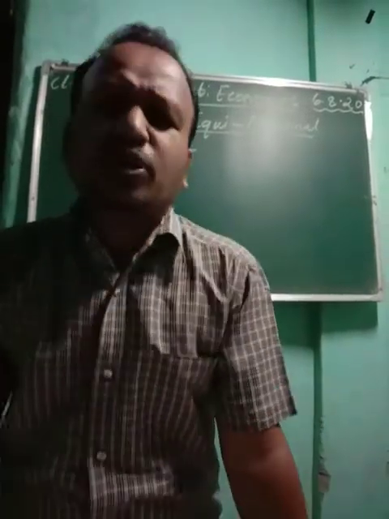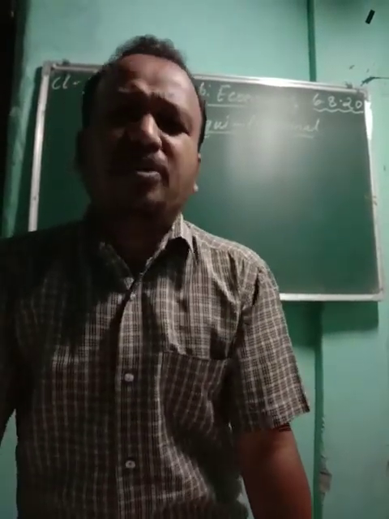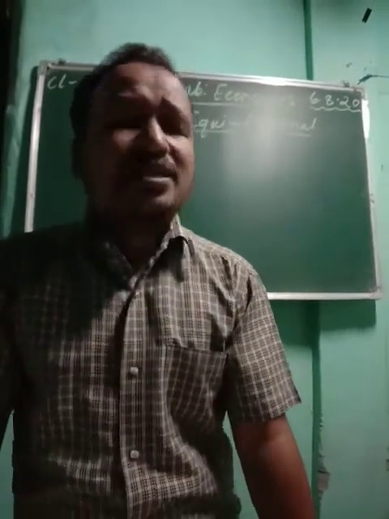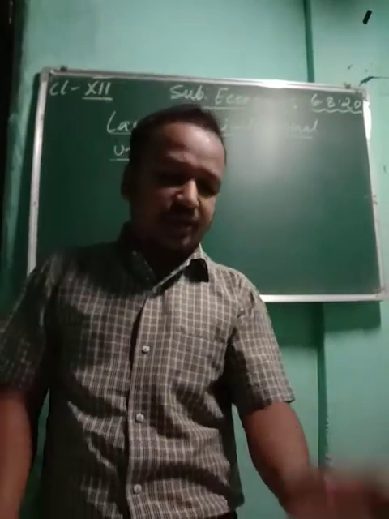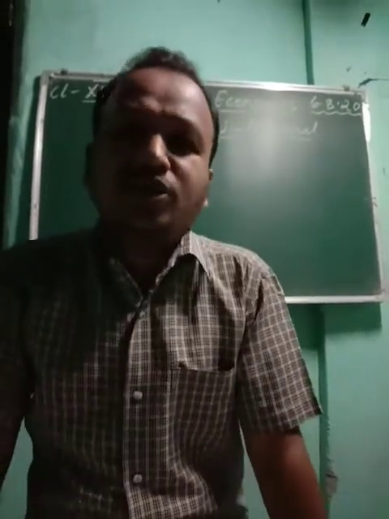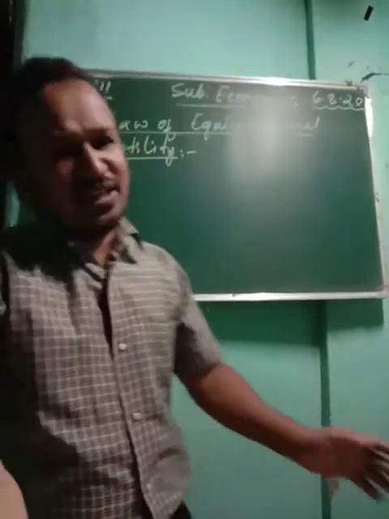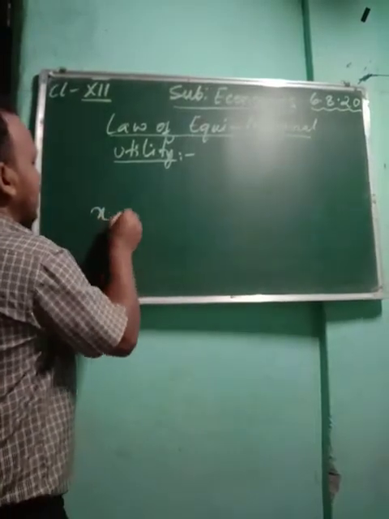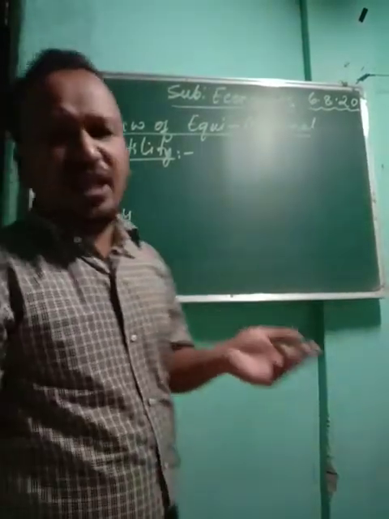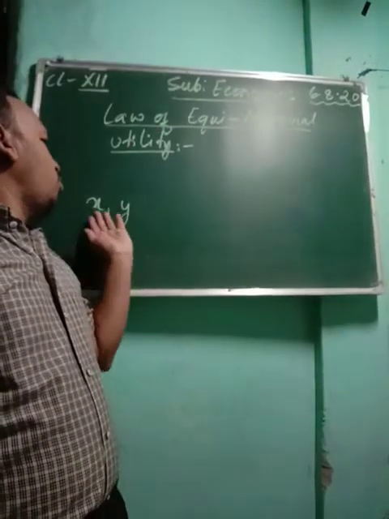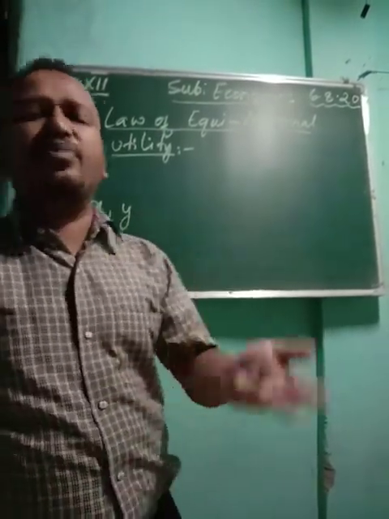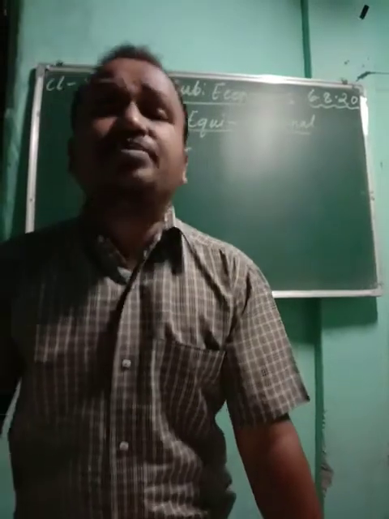Now see, in our day-to-day life we don't buy one commodity, we buy so many commodities, but in explanation we cannot take hundreds and thousands of commodities. So here in the double commodity case we are taking two commodities. We can consider the two commodities as X and Y, or we can give them names, like clothes, or apples, oranges.